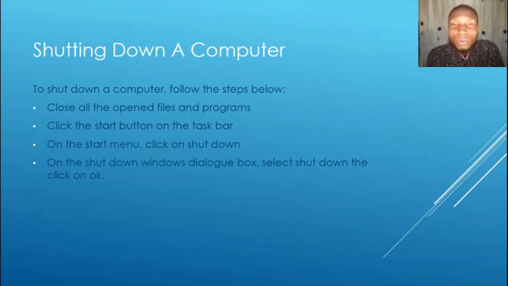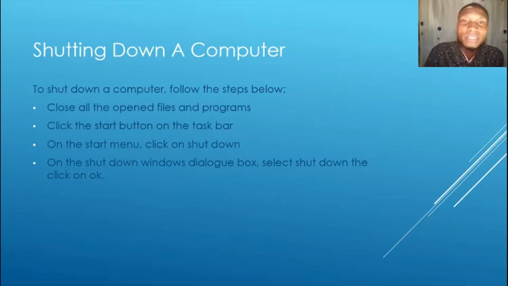When you hold them together, it's going to bring up the shut down Windows dialog box. Then from there you can click on shut down and click on OK. So that also shuts down the computer. So these are the steps you use in shutting down a computer properly, and not by pressing the power button directly. So that is it.